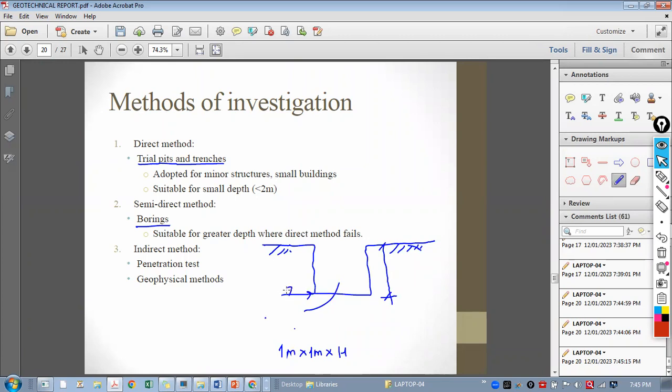So this level is the hard strata, where we are thinking of resting the foundation.